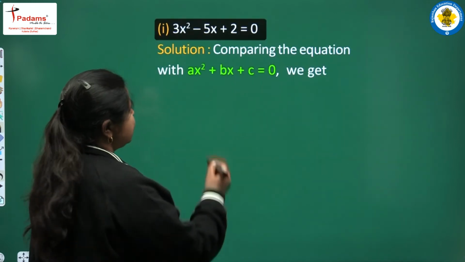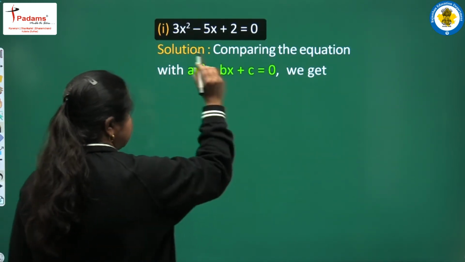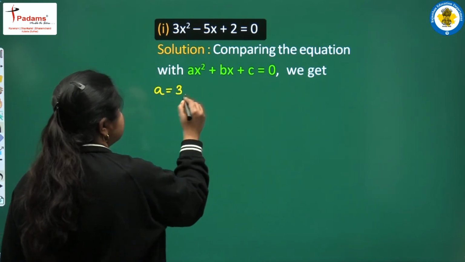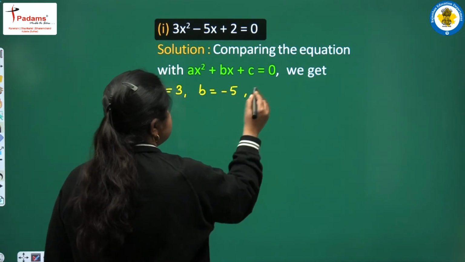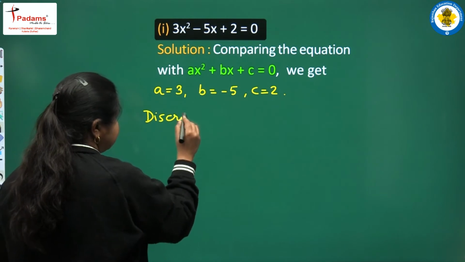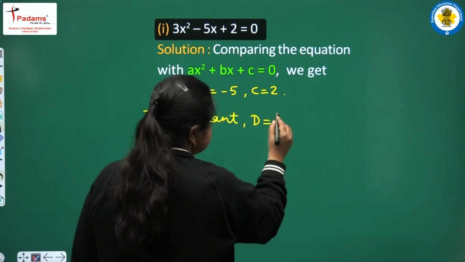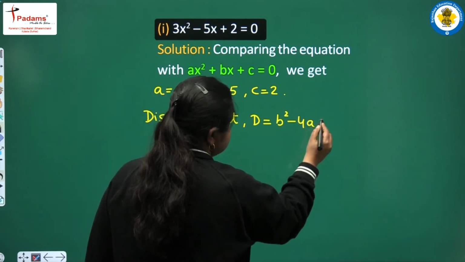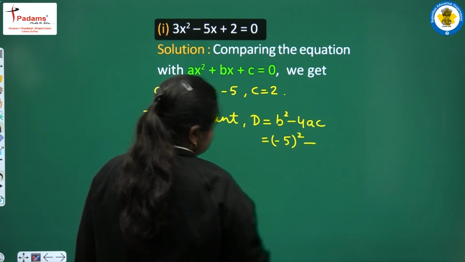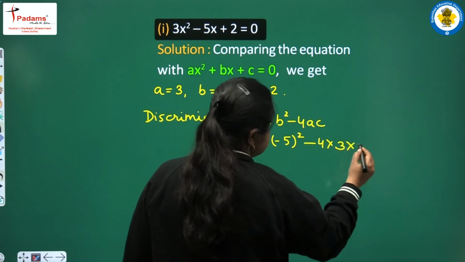Getting the point? We have the first equation 3x square minus 5x plus 2 equal to 0. Comparing the equation with this form, we get a equal to 3, b equal to minus 5 and c equal to 2. Now discriminant, we will be finding it first. D is equal to b square minus 4ac. b की वैल्यू देखिए आप, यहाँ है -5, square it, -4 into a is 3 and c is 2.